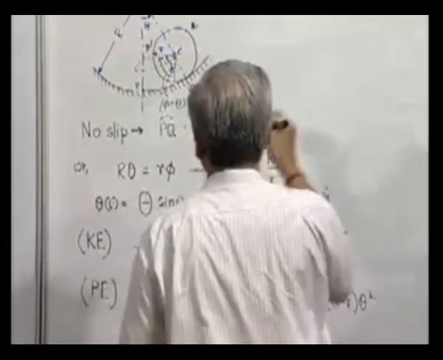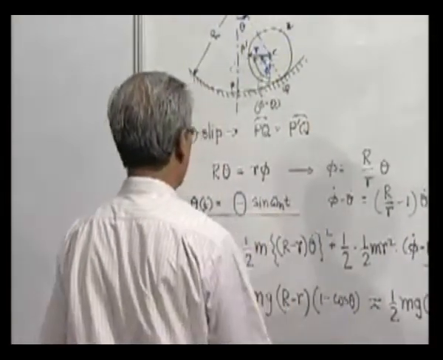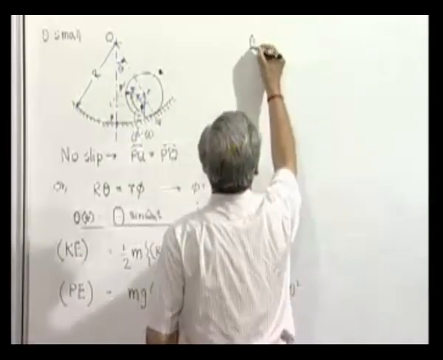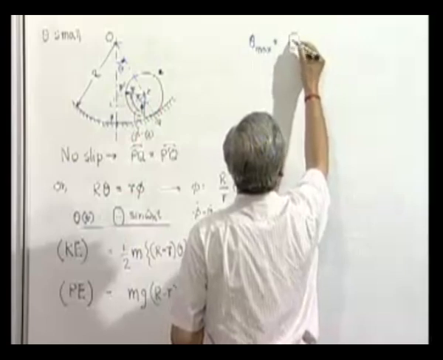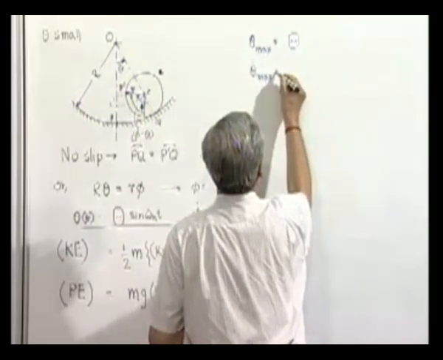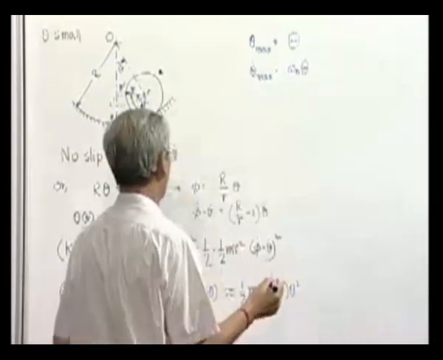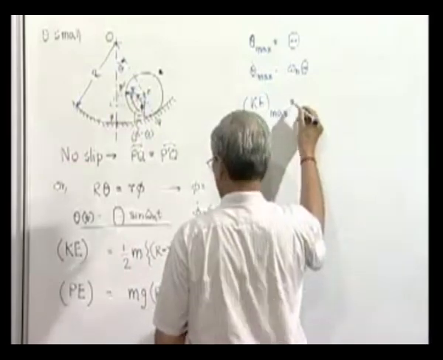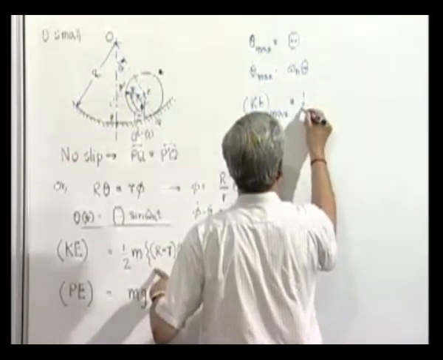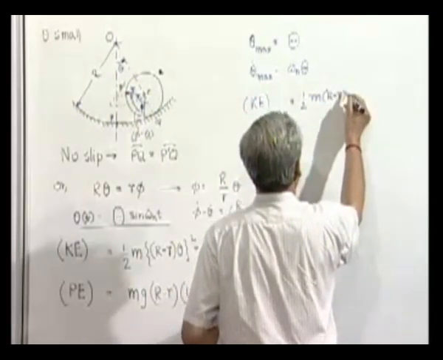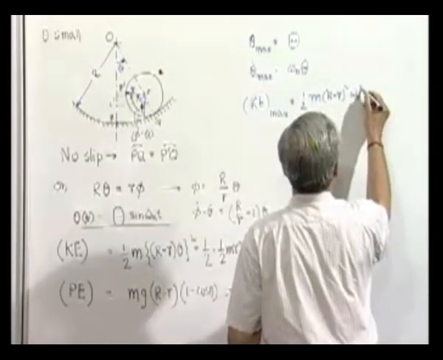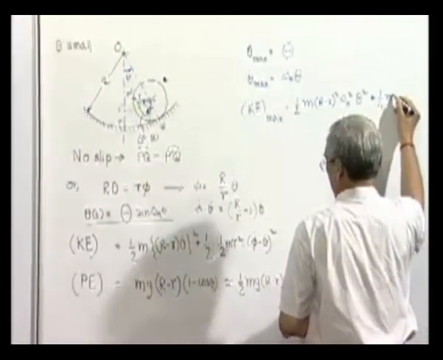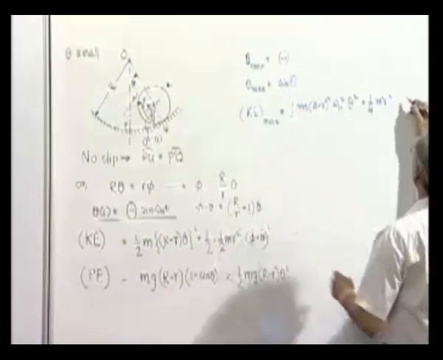Thus, and we also know, since theta is like this, it will give us theta maximum. So KE maximum will be equal to half m into capital R minus small r square. Now theta dot square maximum will be omega n square. This term will give us one fourth m r square, and phi dot minus theta dot is this.